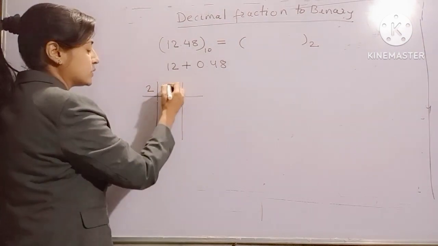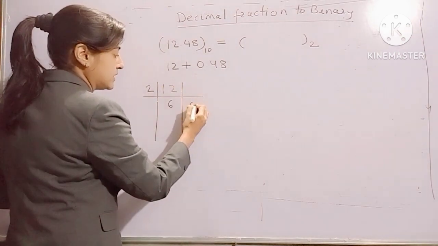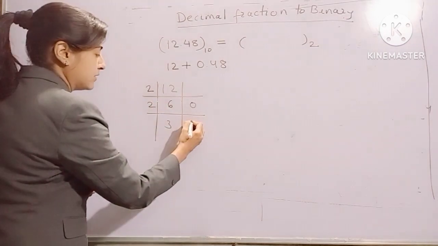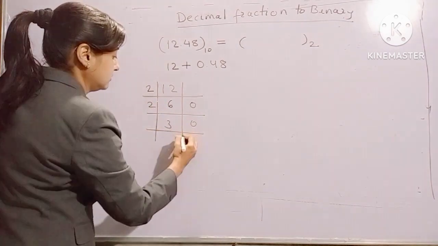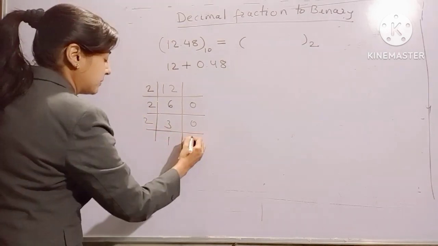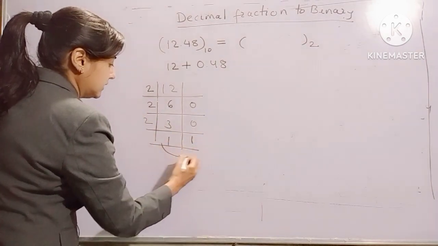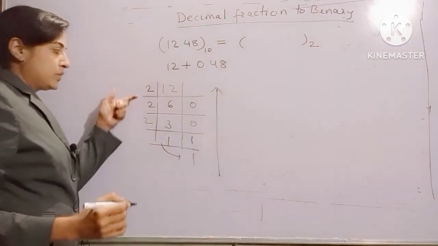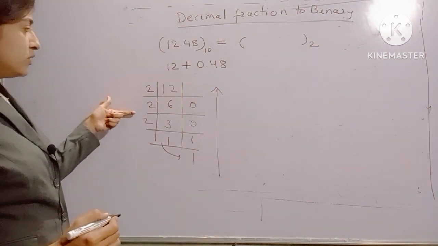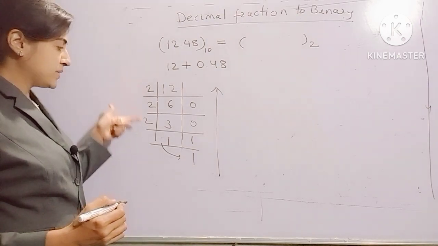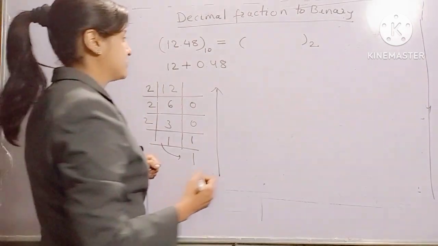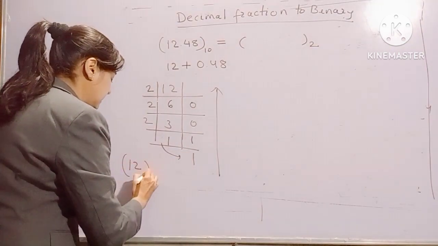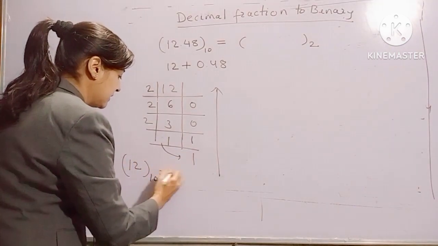So 2 6s are 12, quotient we write here, remainder here. 2 3s are 6, quotient 3, remainder 0, 2 1s are 2, remainder 1, and again this 1 I have to write here. For the details of how we have obtained this, you can refer to the last video. So for 12, which is the integer part, I am getting binary.